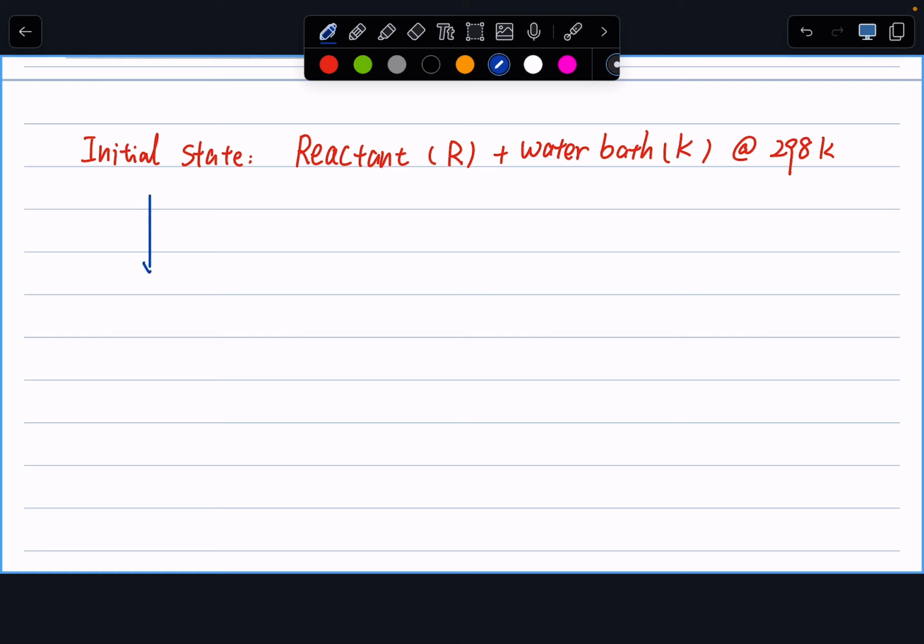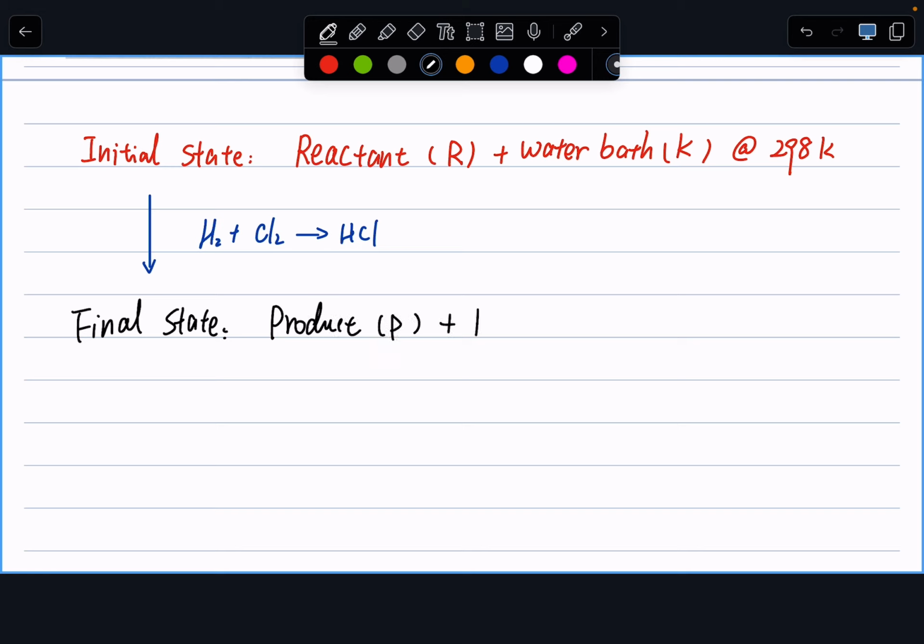And then upon the chemical reaction, we get to our final state, which is product P plus water bath K. And now the temperature will change.